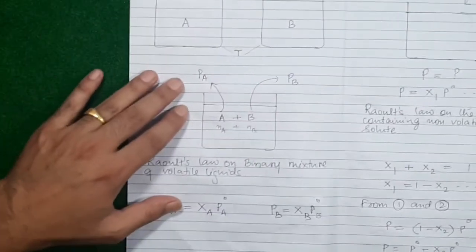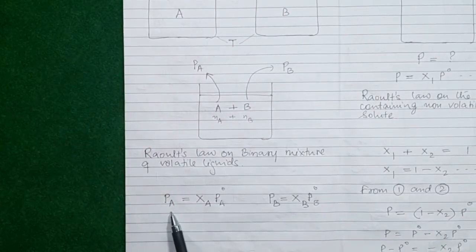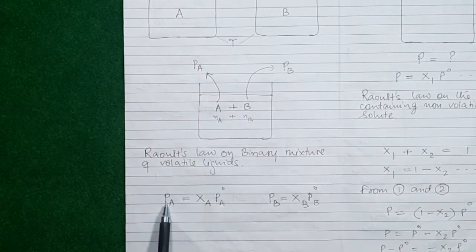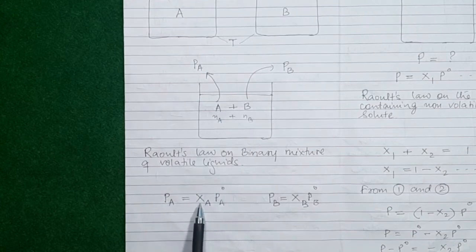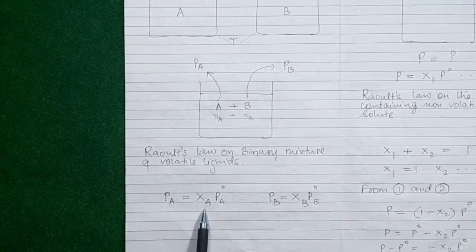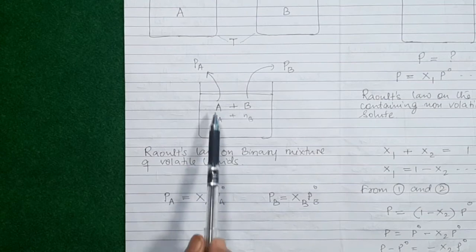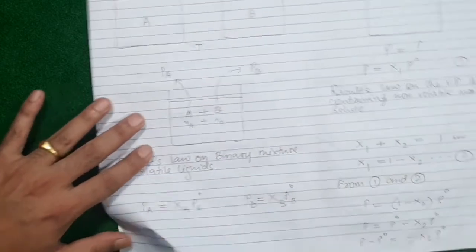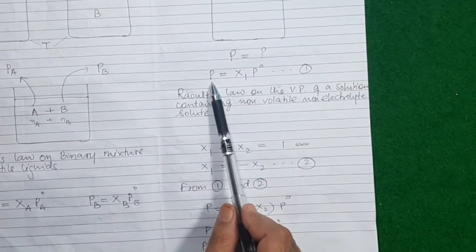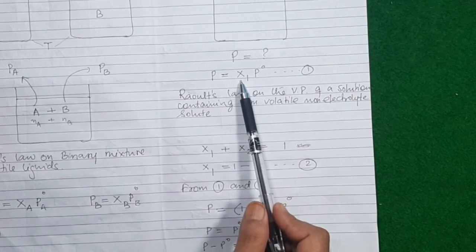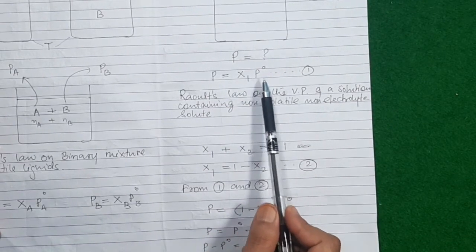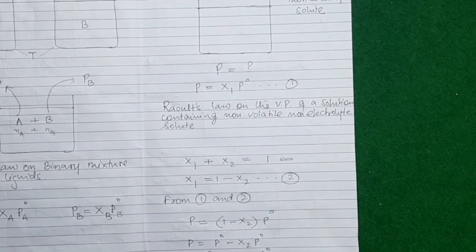Isn't it exactly like the previous one? Because you're finding the vapor pressure of any one component, and that will be given by the product of the mole fraction of the same component and the vapor pressure of the same component when it was in the pure state. So here the vapor pressure of the solvent should be given by the mole fraction of the solvent itself and the vapor pressure of the solvent when it was in the pure state.